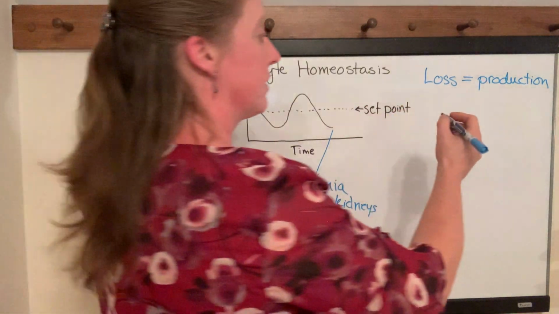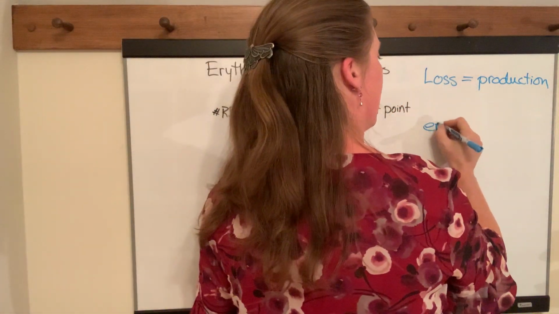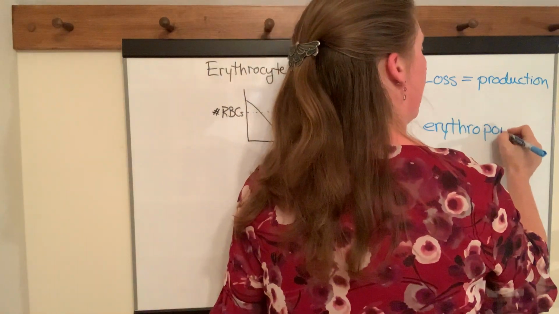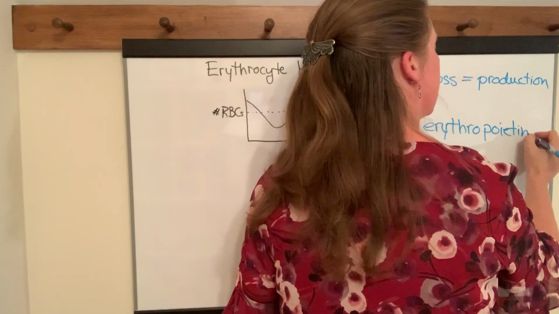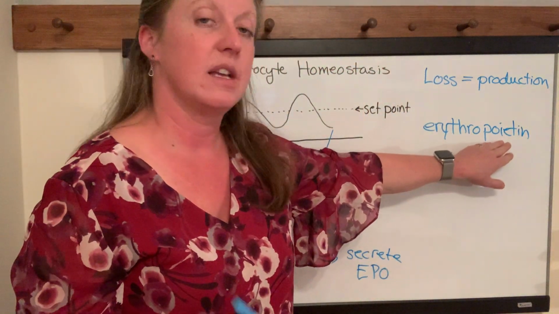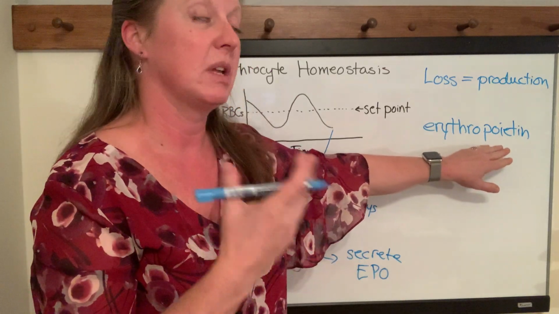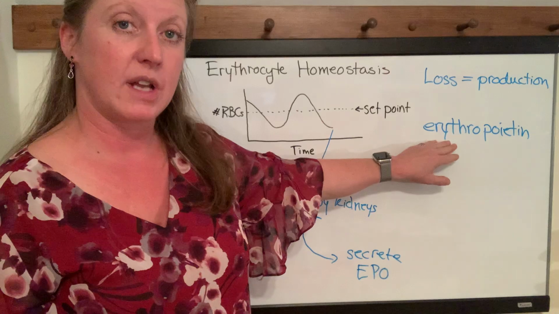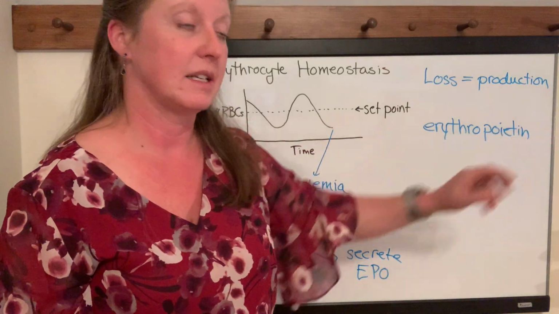I'll write that over here so that you can see it. It's erythropoietin. So this is the hormone that stimulates the formation, that's the poi, of erythrocytes, erythropoietin.